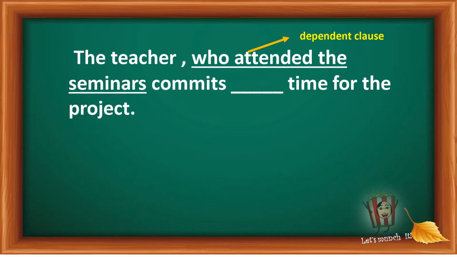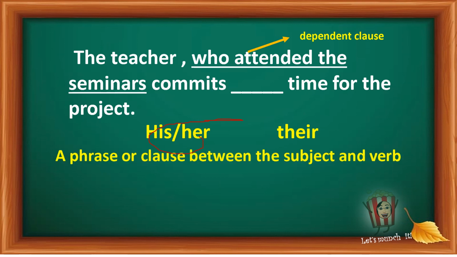How about this example? The teacher who attended the seminars commits blank time for the project. Is it his or her or is it their? The correct one for this is his or her. Say, the teacher who attended the seminars commits his or her time for the project. We are talking about a phrase or clause between the subject and verb in this particular example.